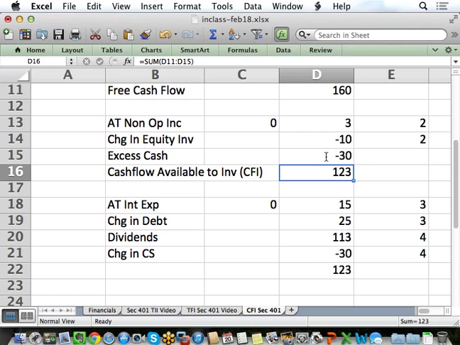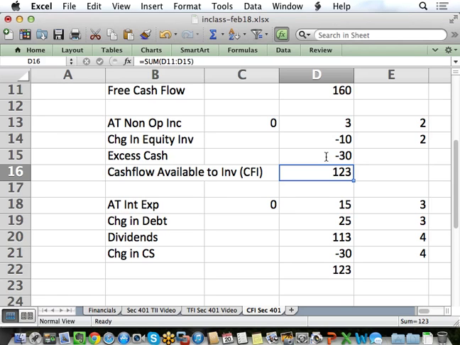I want you to think of CFI like cash that's in your checking account that you use to pay your bills. The bills being the debt and the equity. All right? I want you to think of excess cash as a savings account at another bank. When I put my money into savings at another bank, I can't use that money to pay my bills. Okay?